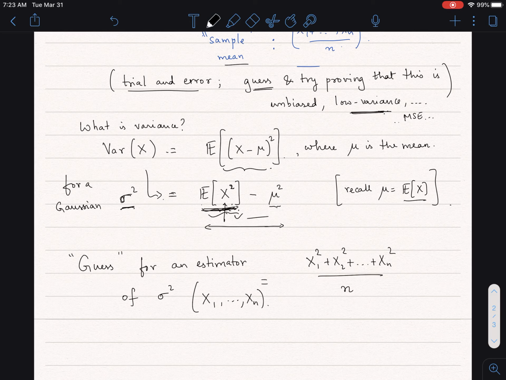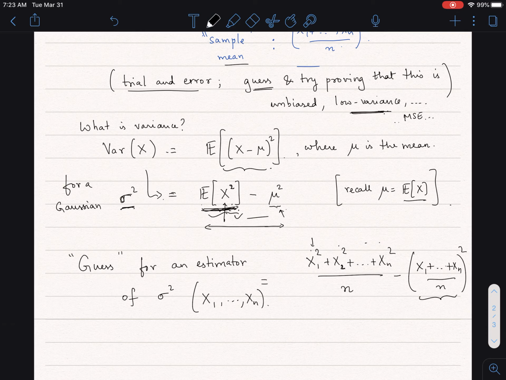It's the average value of x squared over my sample. And I need to find mu, which I've already estimated: (x1 + x2 + ... + xn)/n is a reasonable estimate for mu.